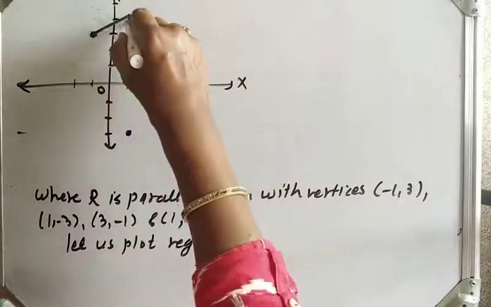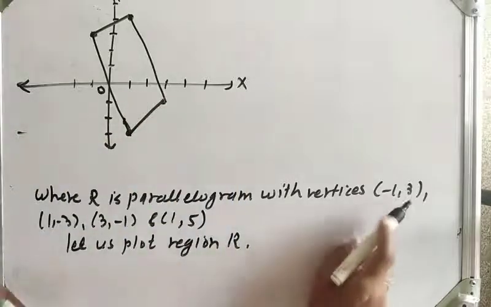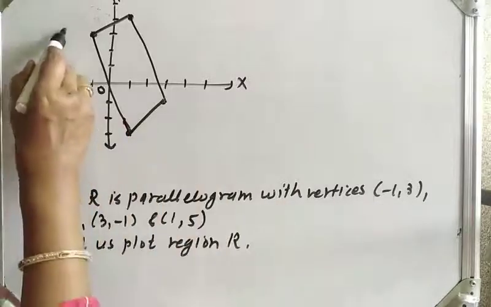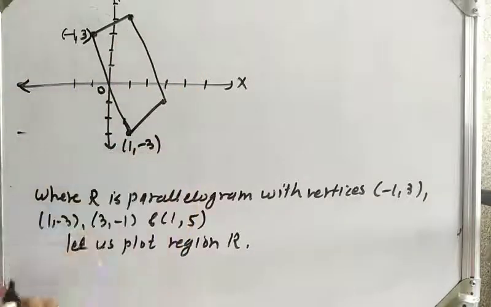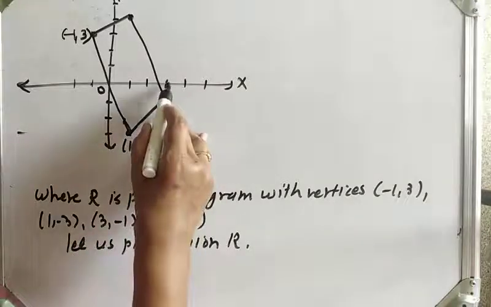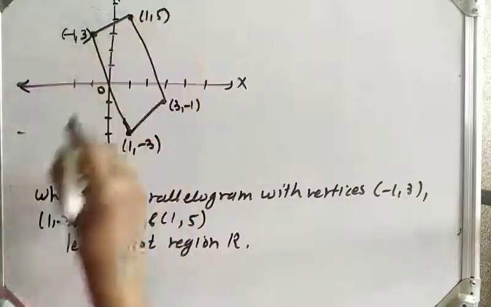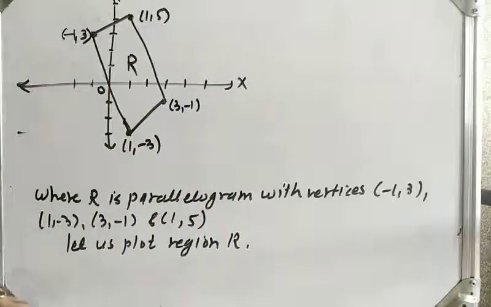So this is region R. Using these points we can find the equation of a line, using the same formula: y minus y1 is equal to (y2 minus y1) upon (x2 minus x1) into (x minus x1).